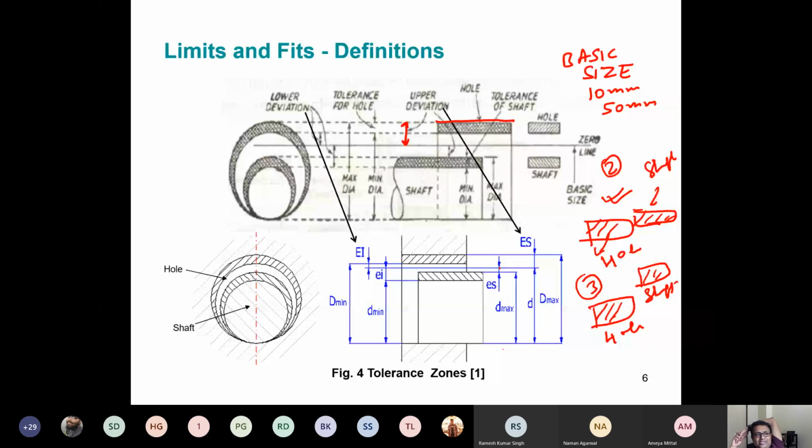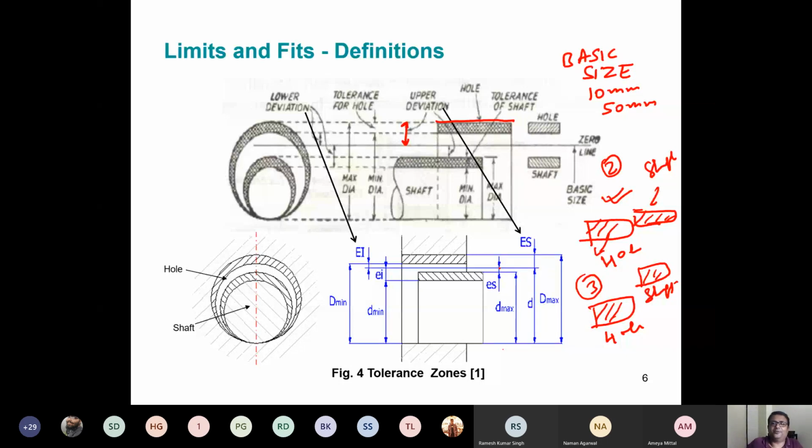Yes, in 2 it depends. Sometimes it will be clearance, sometimes it will be interference. Imagine if my hole size is here and shaft size is here, it will go. So 2 is transition.